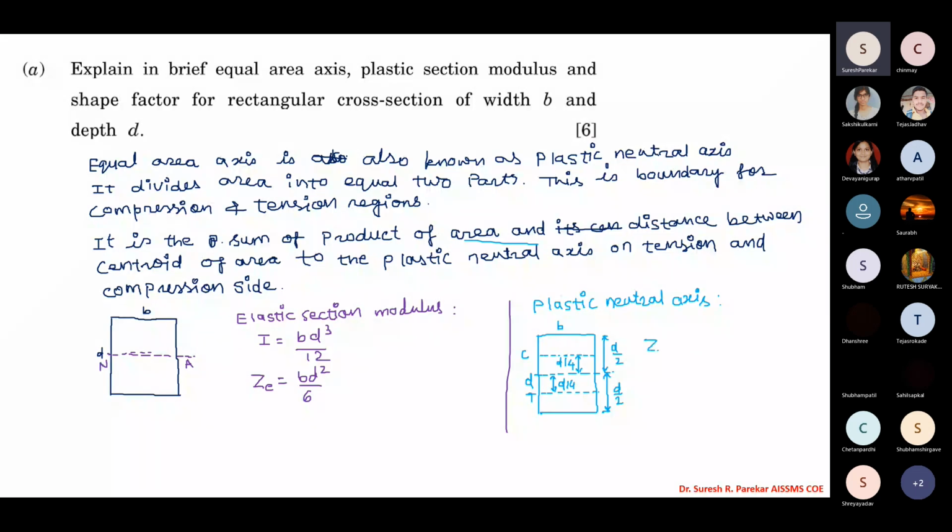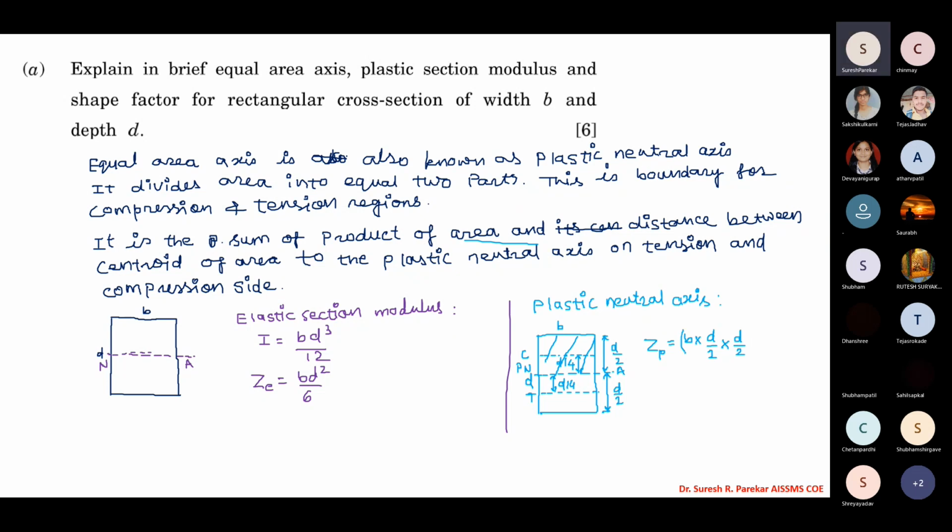So we have ZP is equal to sum of. So we have to add these two. So area into distance of centroid from neutral axis. We have this area above plastic neutral axis. This is plastic neutral axis or equal area axis. So we have B into D by 2 and its distance from plastic neutral axis d by 2.